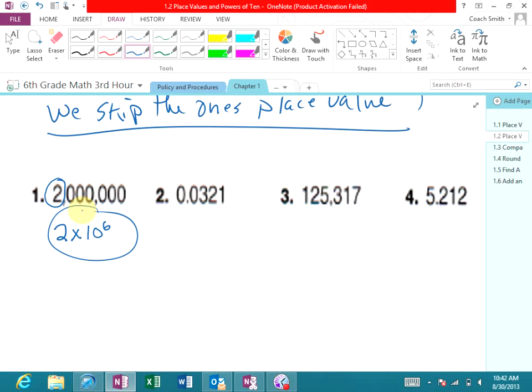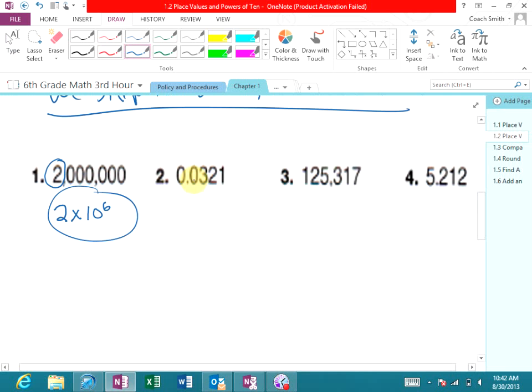Okay? Let's look at number 2. Right here, this place value is 10 to the negative first. Correct? So I'm going to take 0 times 10 to the negative first. I'm going to put parentheses around it.